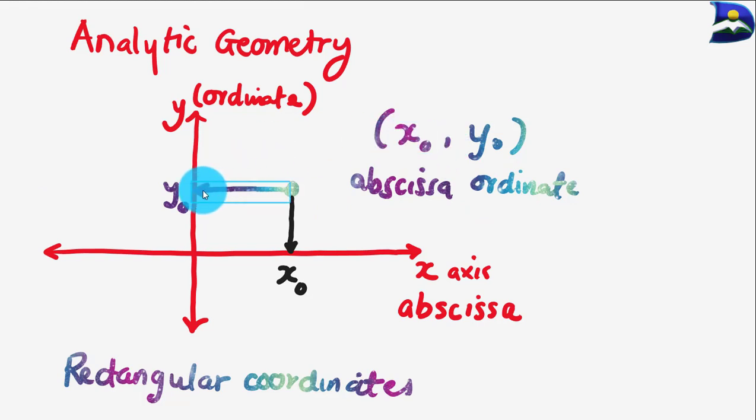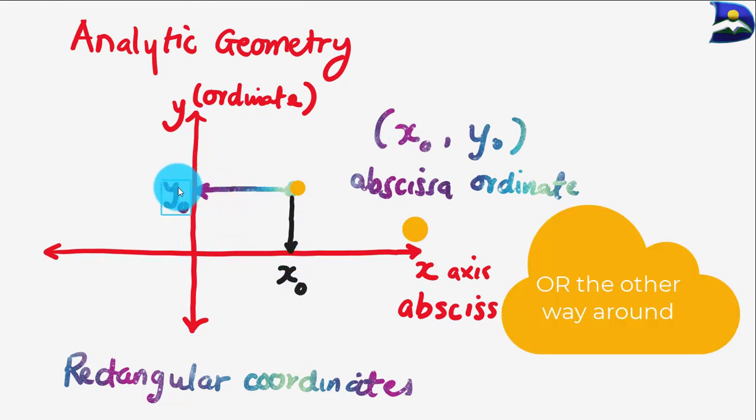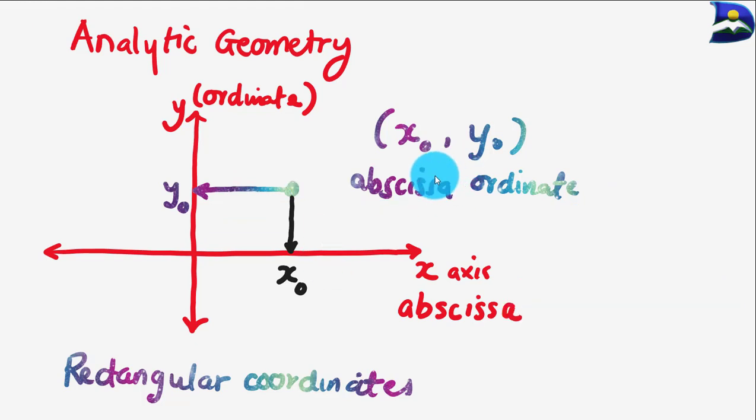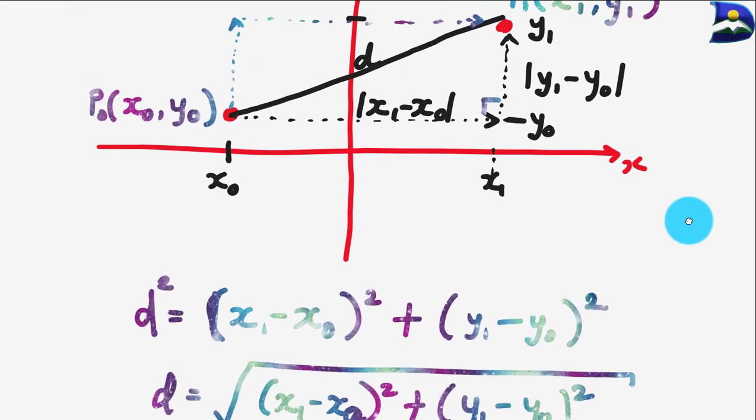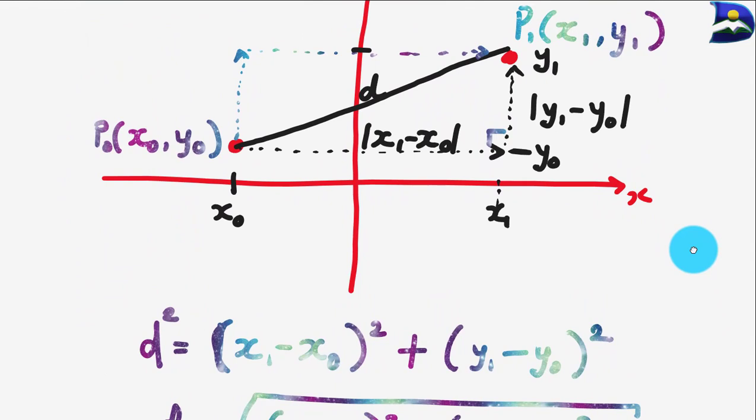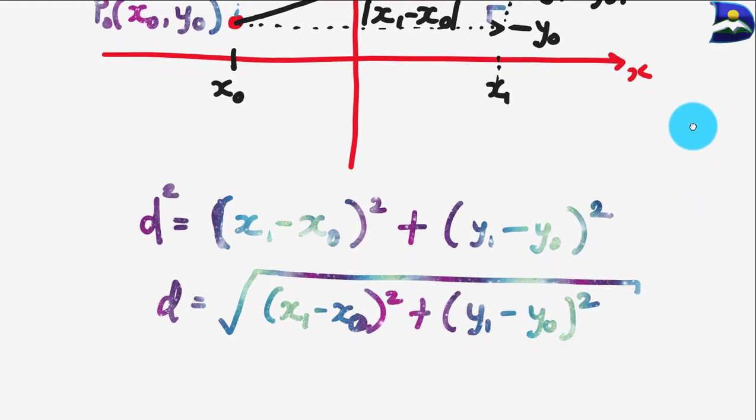This is how you locate it on a graph, by figuring out where the x is first, then tracing it to where you stop for the corresponding y, and that gives us our coordinate, which in this case is called the abscissa and ordinate. So that is one to keep in mind, and the other one here is to determine the distance formula, which is expressed as this right over here.